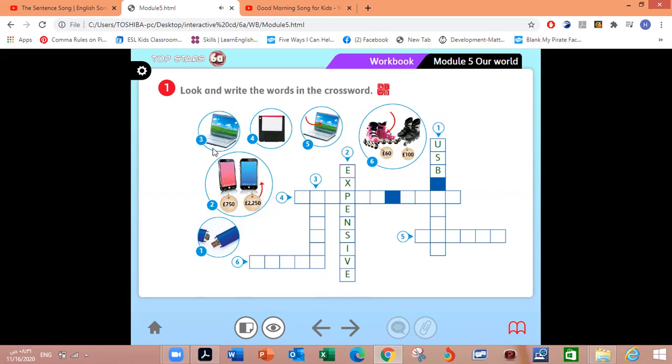Number 3, laptop. Very good. Laptop. Number 4, floppy disk. Very good.